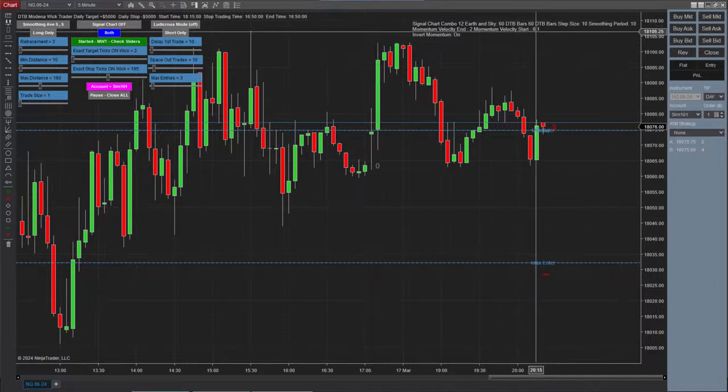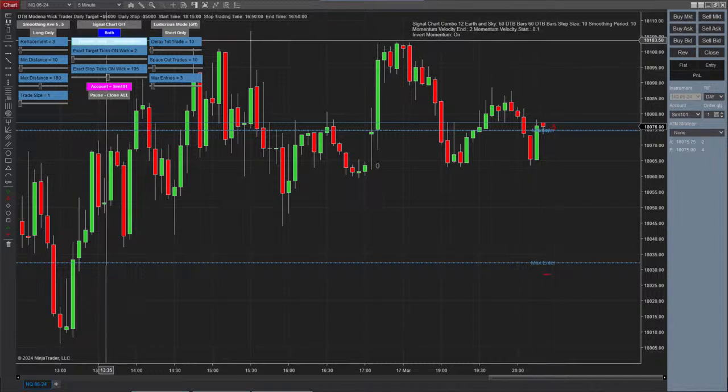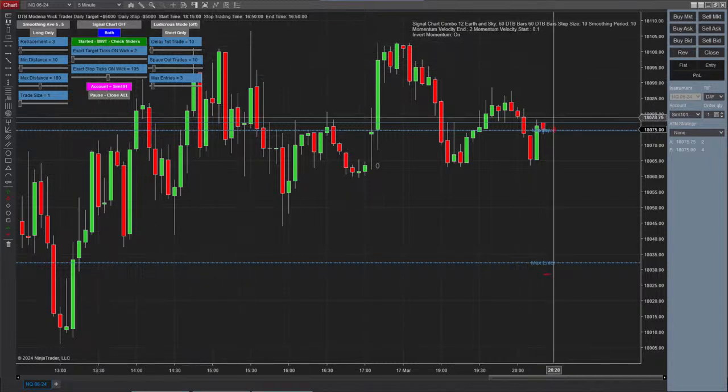Personally, I'm very happy to trade the strategy manually because I'm in full control. But obviously, I understand that I want to help more people, and people that don't understand what's happening on the charts want a more automated approach.